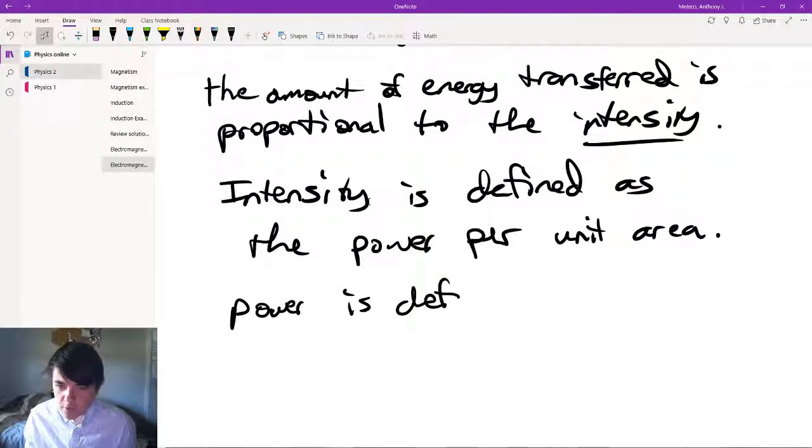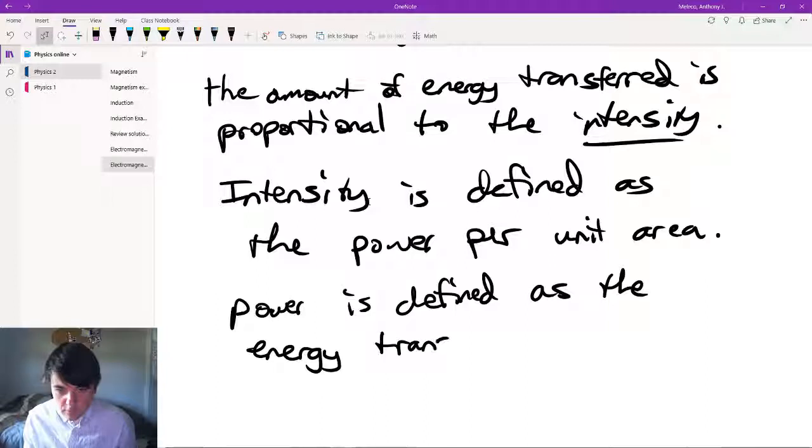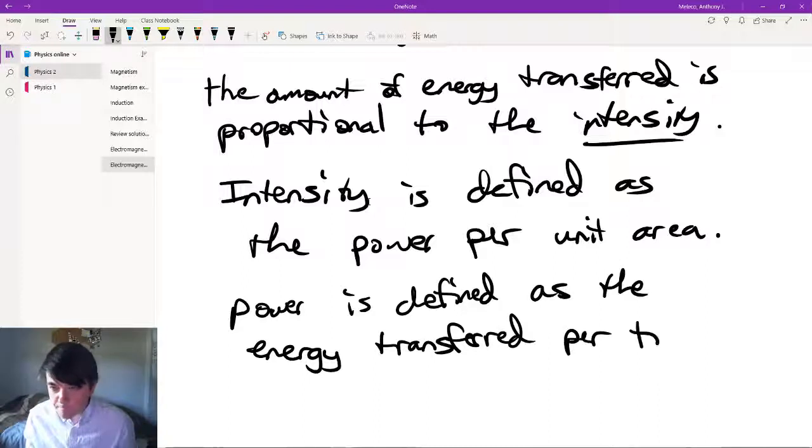Power, if you remember, we talked about it a little bit when we were doing circuits and in Physics 1. Power is defined as the energy transferred per time.